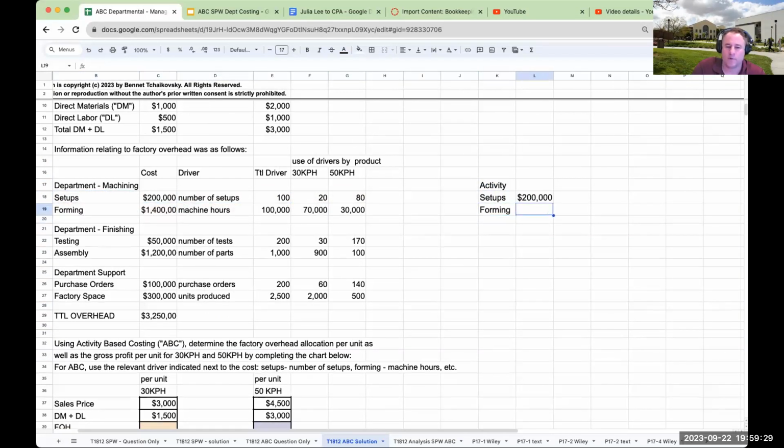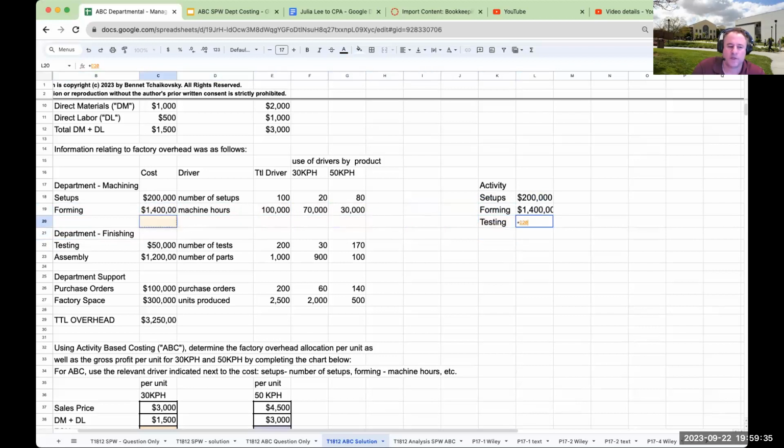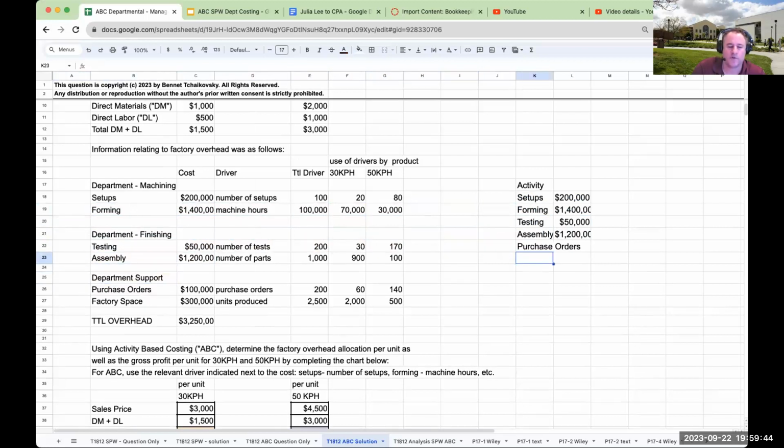We have forming, with 1.4 million in terms of that cost. We have finishing, which includes testing and also includes assembly. We have departmental support, which is going to include purchase orders and will also include factory space.